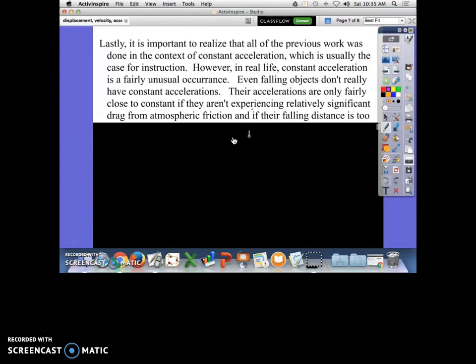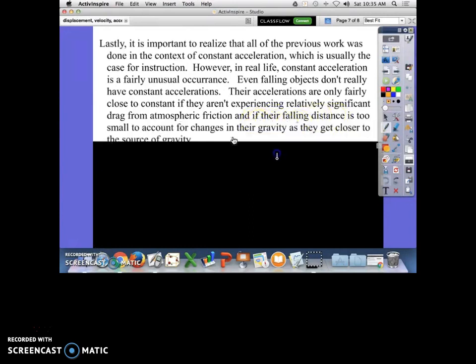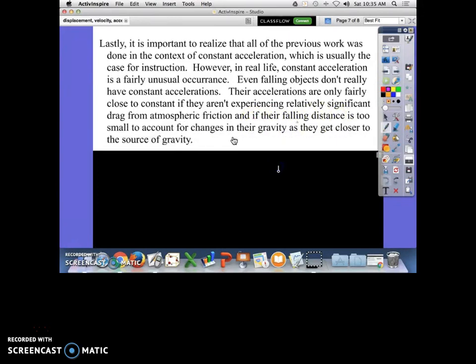So if you're dropping something in the lab, it's not going to get going real fast, it's going to have a high enough density. You try doing that lab with a paper wad, it's not going to work very easily anyway. Also, it only works if the falling distance is too small for changes in the gravity as they get closer to the source of gravity. So if you're dropping something several meters, let's say on Earth, it works.